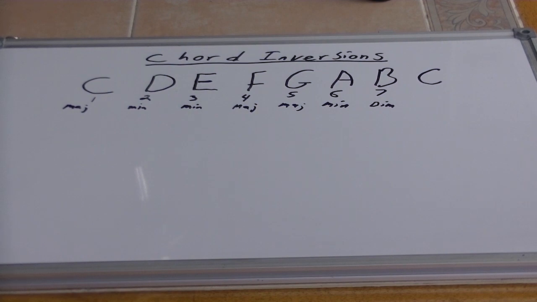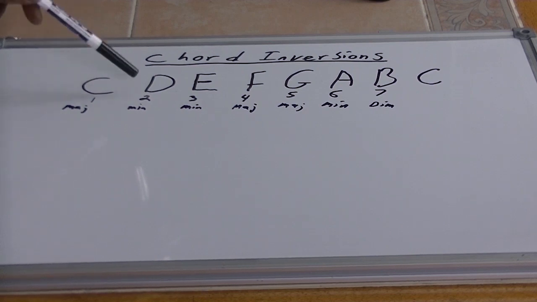So we're going to study chord inversions. As you can see here, I have a C major scale written out, a 1-octave C major scale. As I pretty much always do, I have the notes of the scale numbered for any of you who may not be familiar with using numbers.